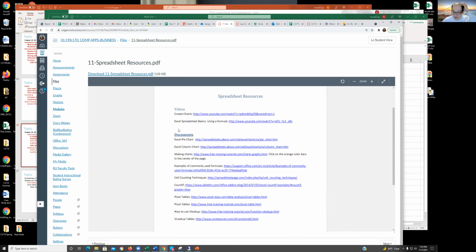Here you have the charts, which I mentioned in last week's video too: the different charts, the different formulas, counting cells, COUNTIF, pivot tables, VLOOKUP, and VLOOKUP tables. You may be doing some of this already for your extra credit. We're going to be doing pivot tables next week, but take a look at these things if you get a chance.